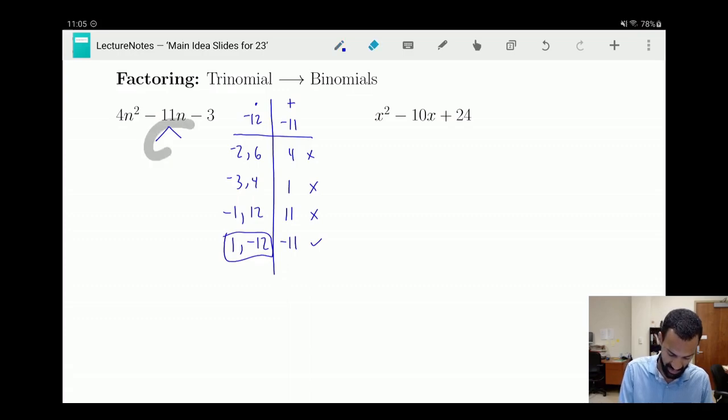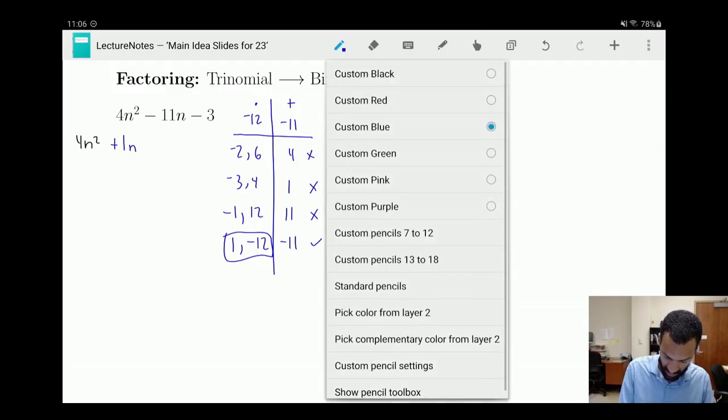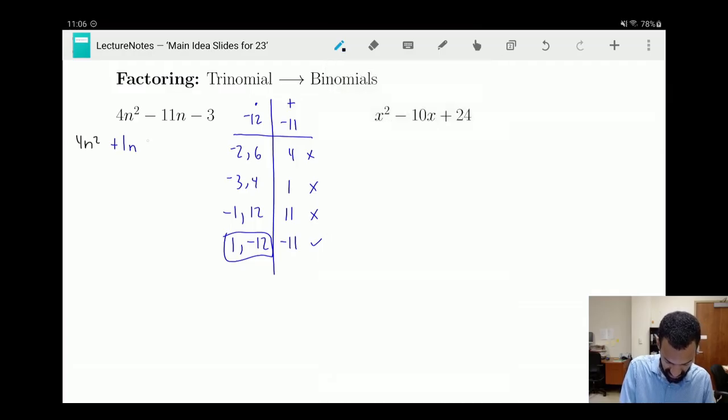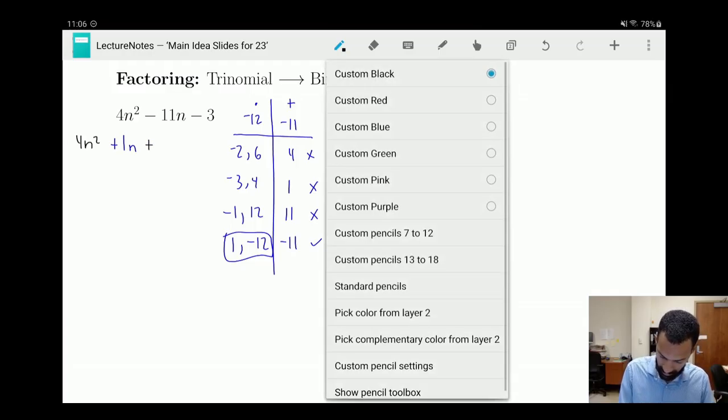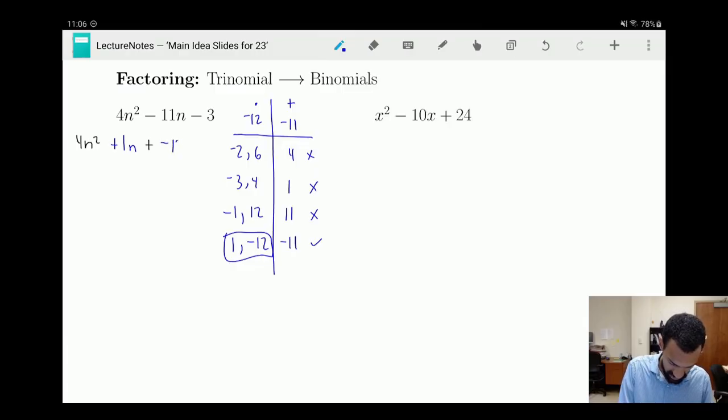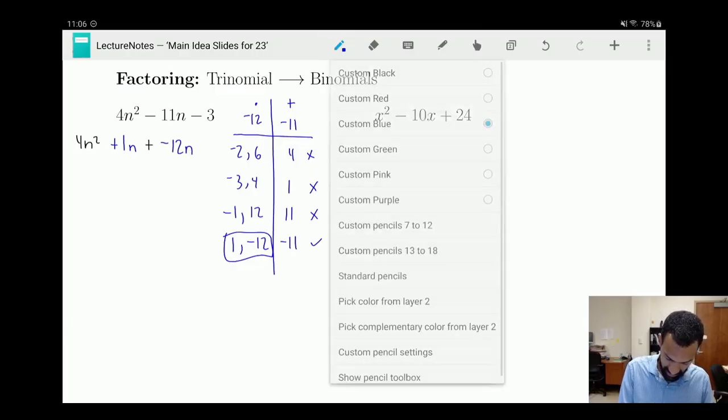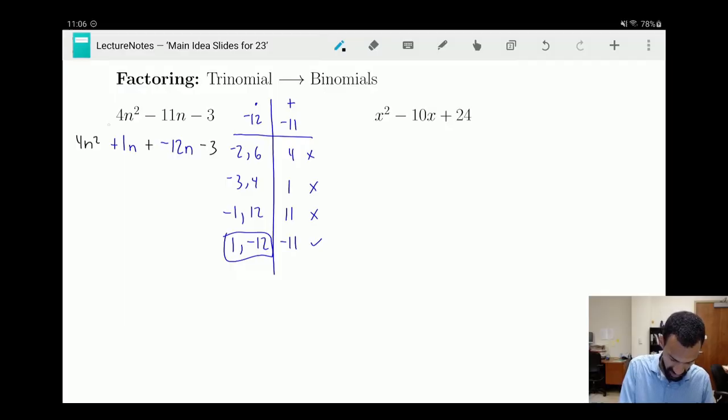Okay, like I said, I want to split that middle term into two terms. Let me write this out again. 4n squared plus 1n, put that in blue, plus 1n, the 1 is not necessarily something you have to write out, minus 12n, or plus negative 12n, minus 3. Notice I brought down the first term and the last term.